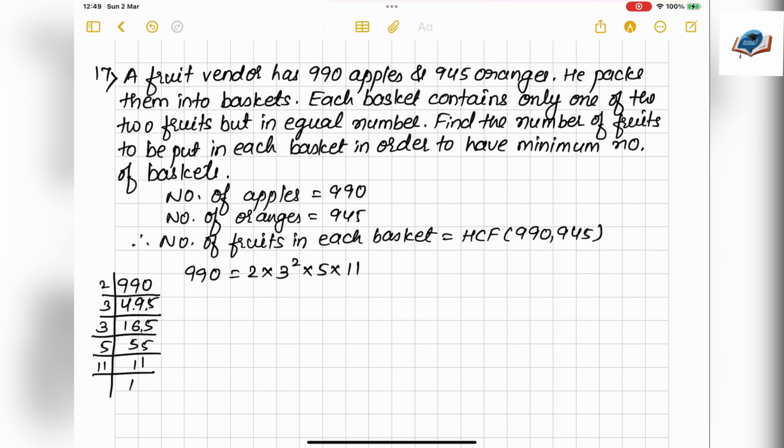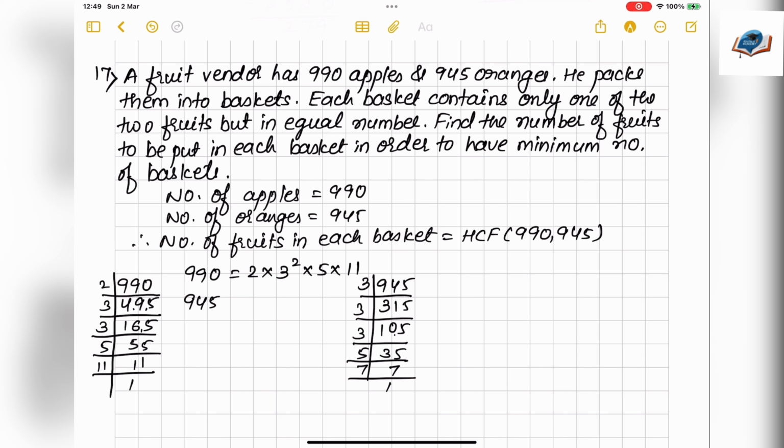And the other number is 945. So if I find for 945, 3, 315, again with 3, so 105, again with 3, so 3 3s are 9, again with 5, so 7 7 1.